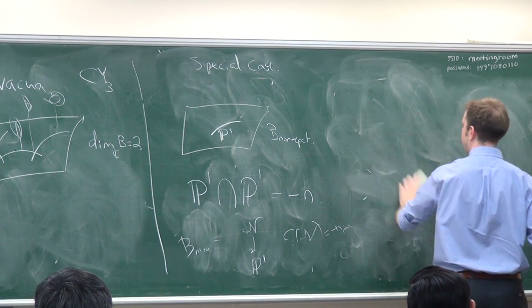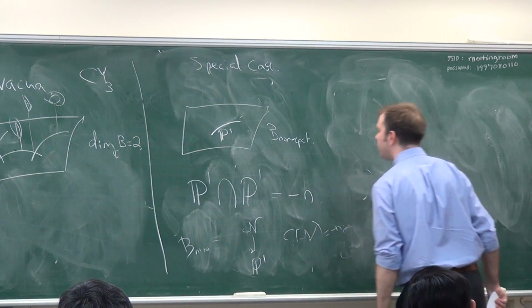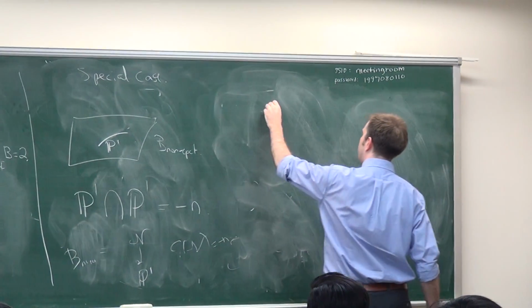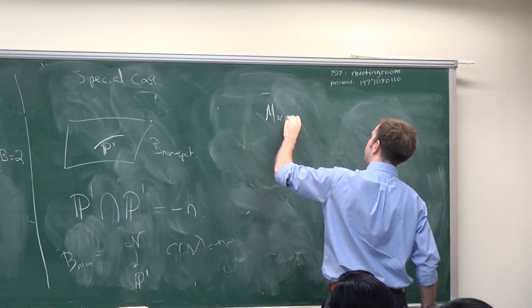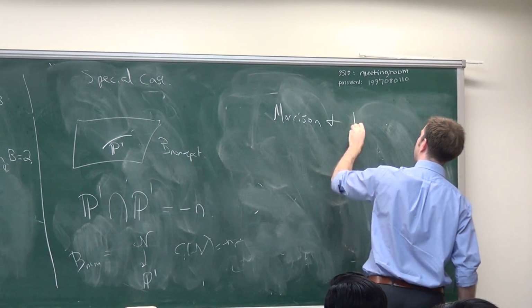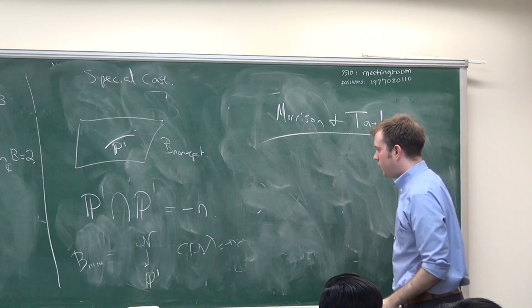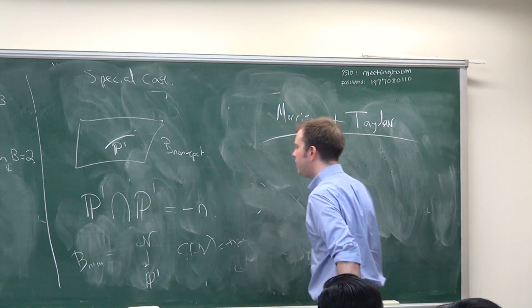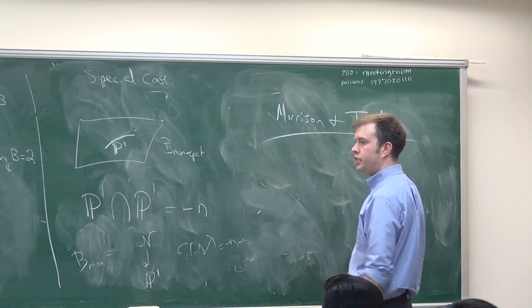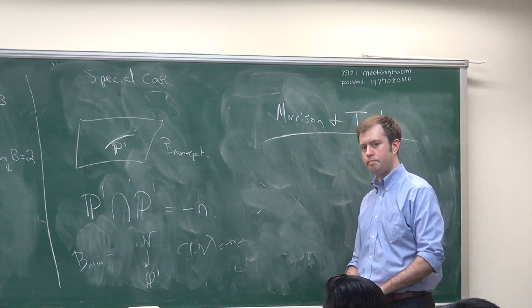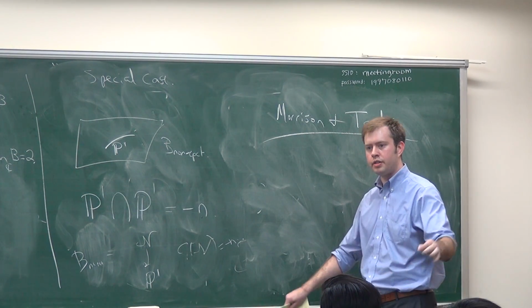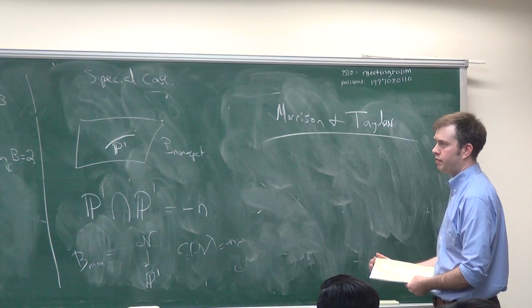So what happens in this case? Well, a very nice result that Morrison and Taylor found is that if this happens, then sometimes F and G are forced to vanish. So in other words, it's always going to have a singularity in the elliptic fibration.